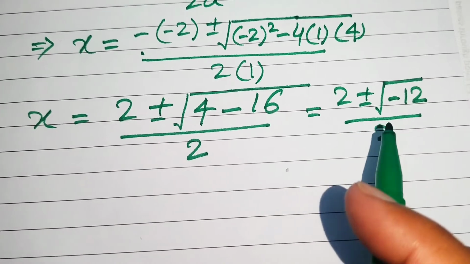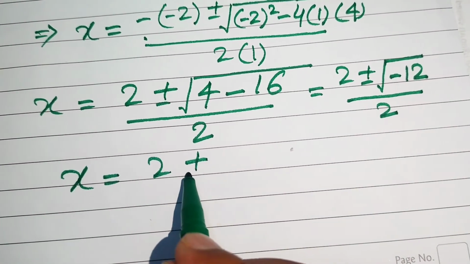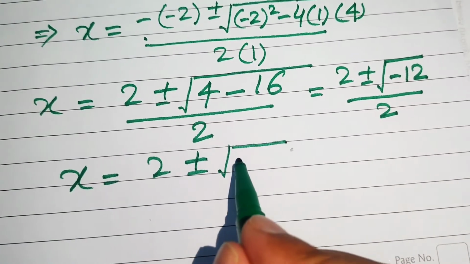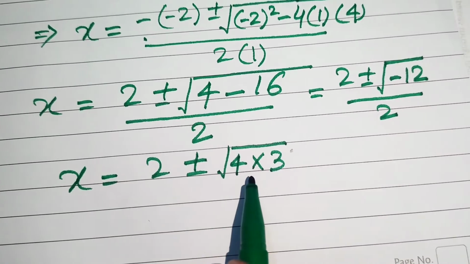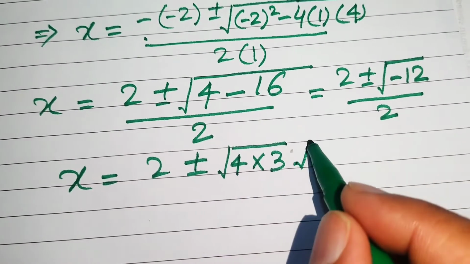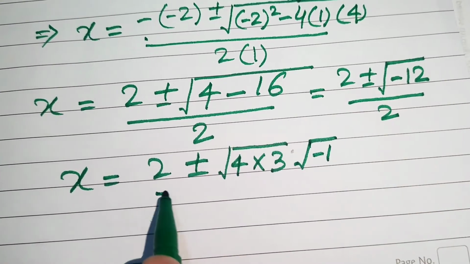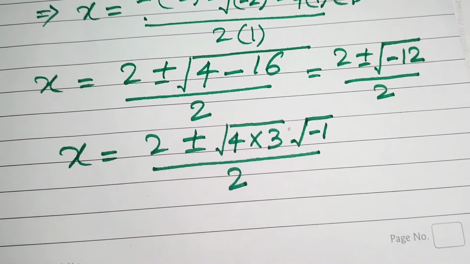So here we rewrite this minus 12 as 2 plus minus square root of 4 times 3. We know that 4 times 3 becomes 12, but here again we have this negative sign, and we separate the square root on this minus sign, and it is divided by 2.